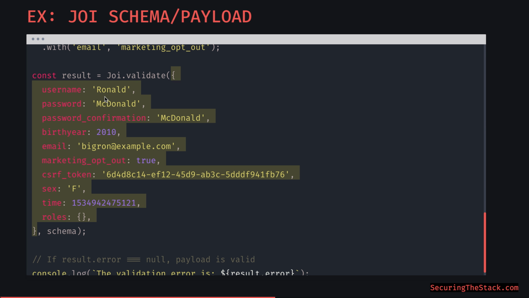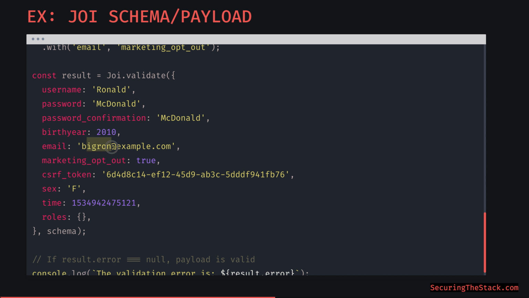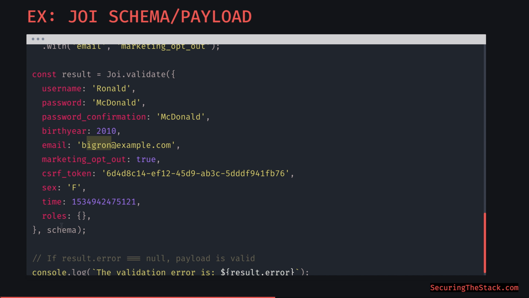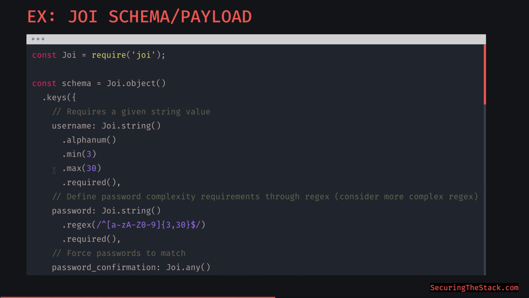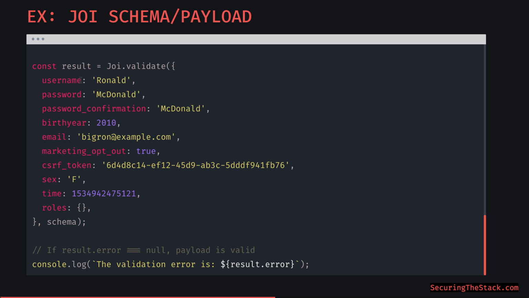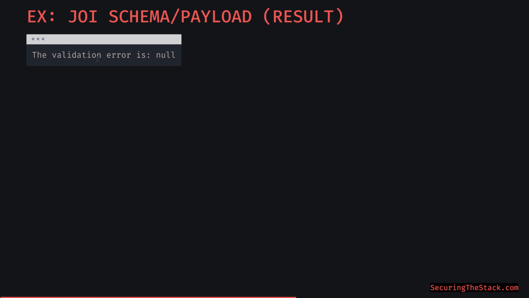Anyhow, he's got his Big Ron right here, and that goes through. Then we also pass in the schema that we defined up here. If result.error is equal to null, then the payload is valid. So we go through, and the validation error is null, which means there is no validation error and everything is fine.